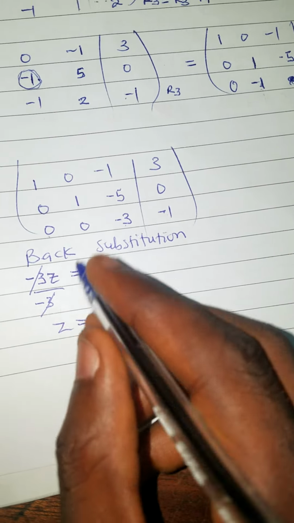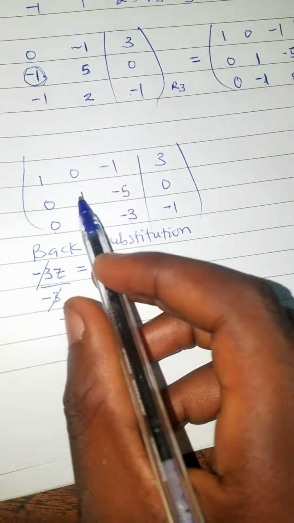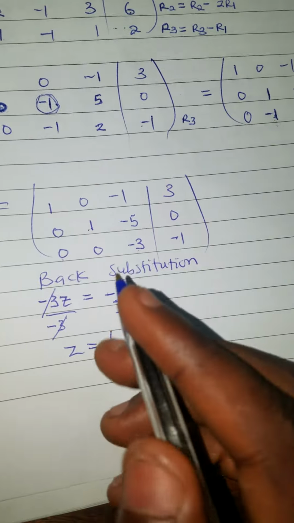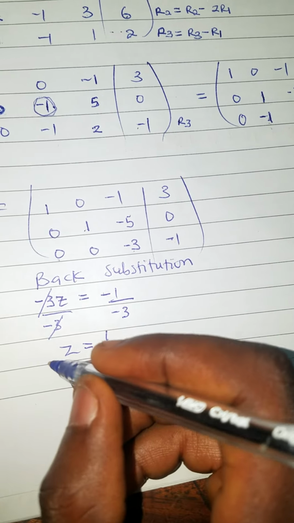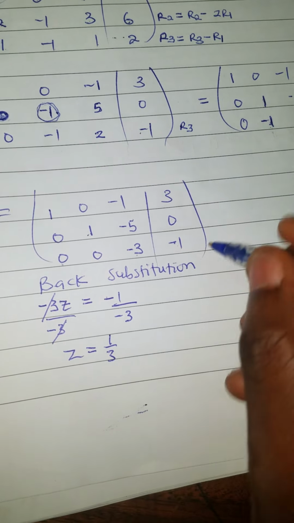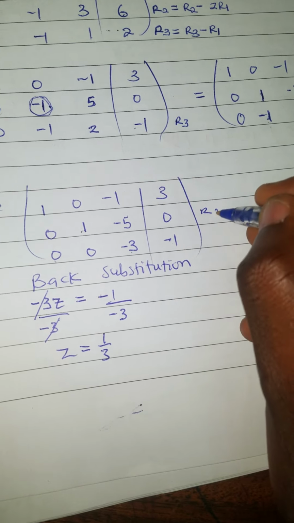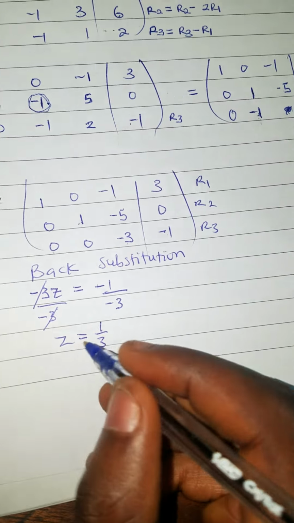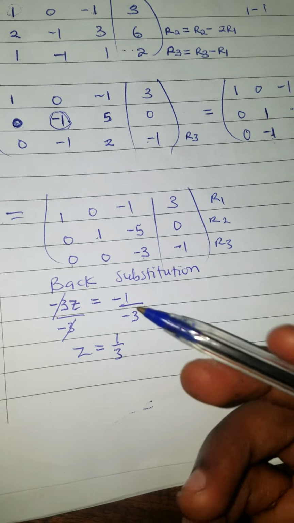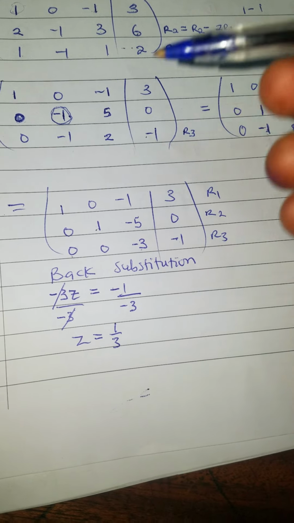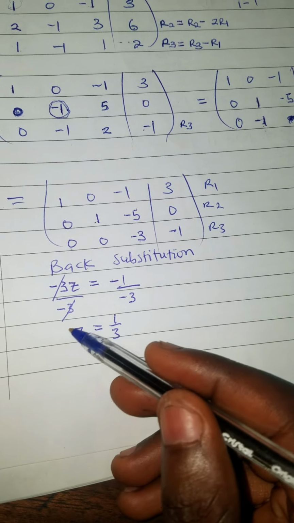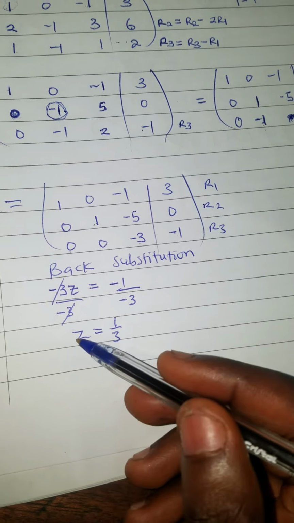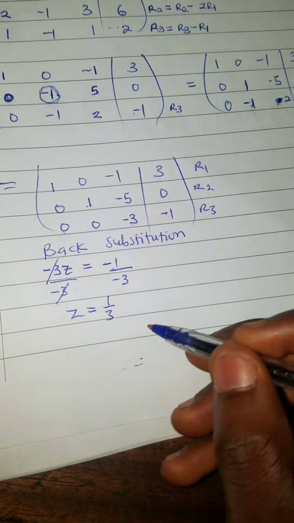Now to get y, we now use this equation. To get y, you use that equation or that row, the second row. We are saying it is back substitution is that we are solving it from the down to the what? The top, and we are getting the higher variable, which is z, before we get y.